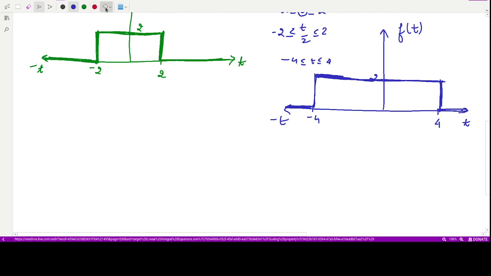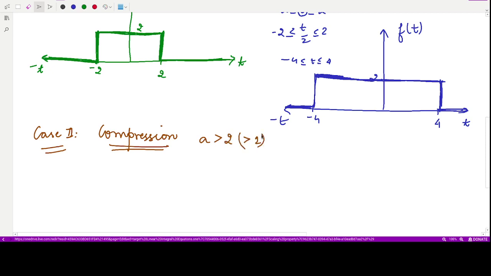In a similar way, in case 2, we can discuss compression. When you compress some function, you are multiplying by some constant which is greater than 1, right? So this constant is obviously greater than 1, so let the constant a be equal to 2, right?